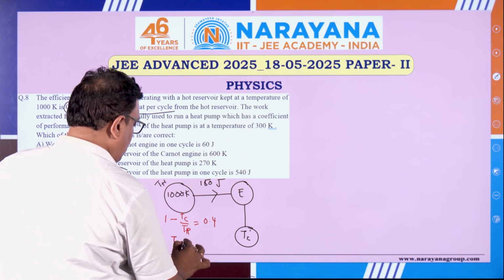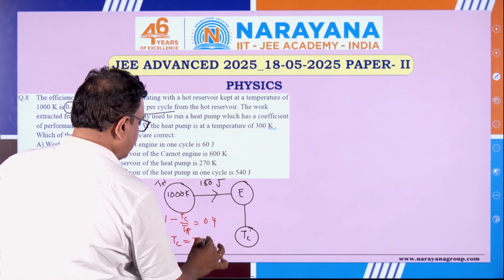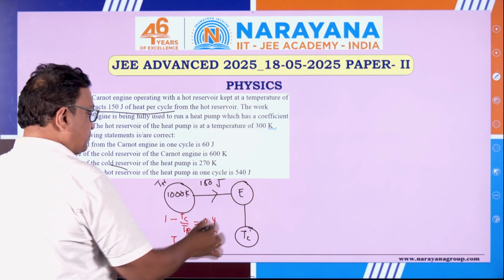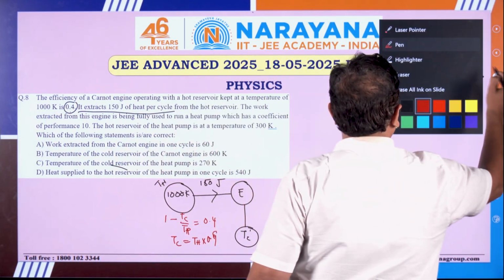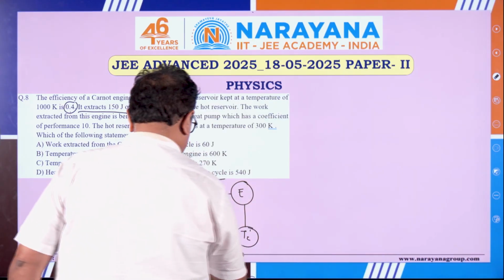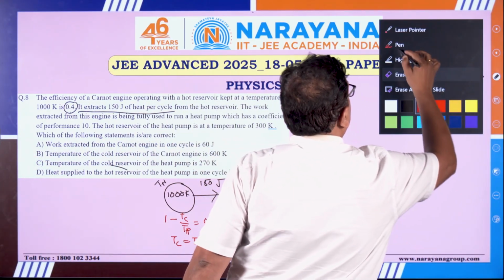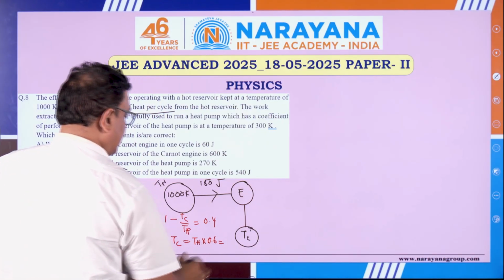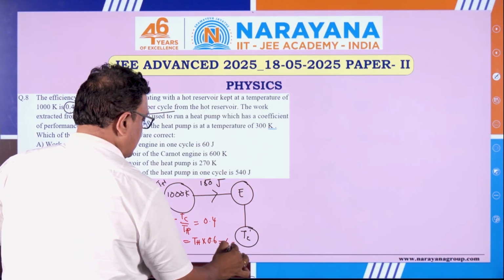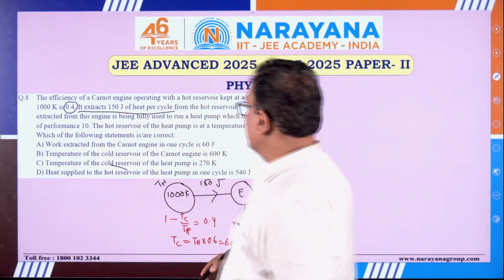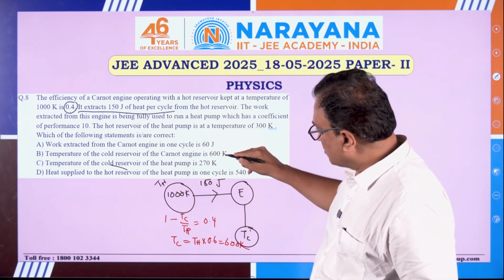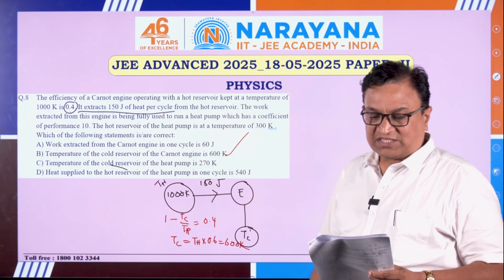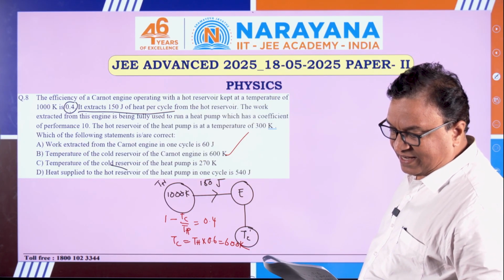So T cold by T hot is 1 minus 0.4, which is 0.6. So this works as 1000 into 0.6, 600 Kelvin. Let me see, am I going to benefit anything? One option: work extracted from the Carnot engine in one cycle is.